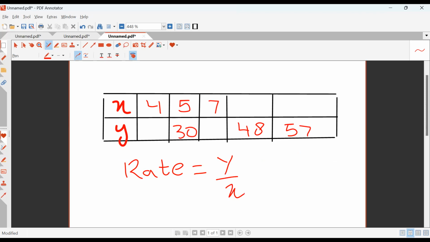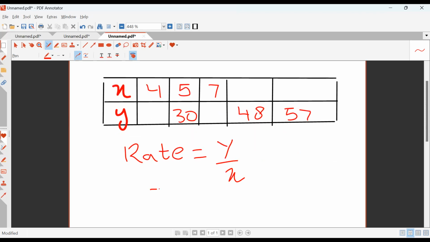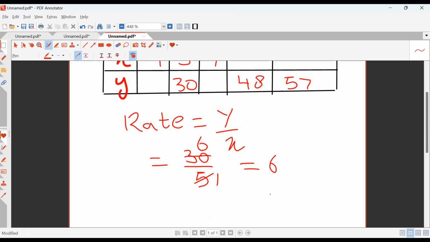In case the examiner has given you a table, then you should use the formula y upon x. So y is 30, x is 5, 5 sixes are 30, the rate is going to be 6. I've got the rate. Now I can make the equation.